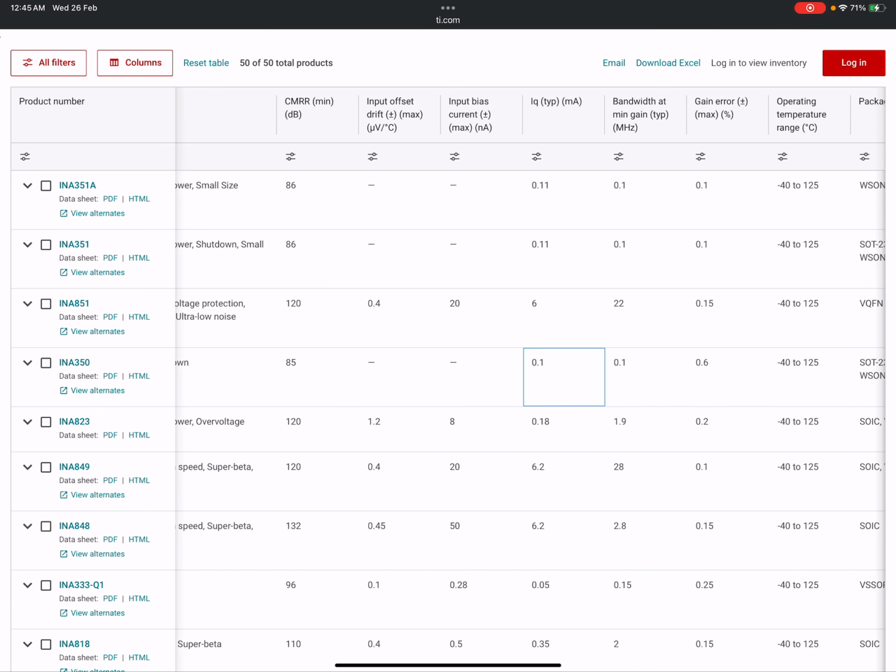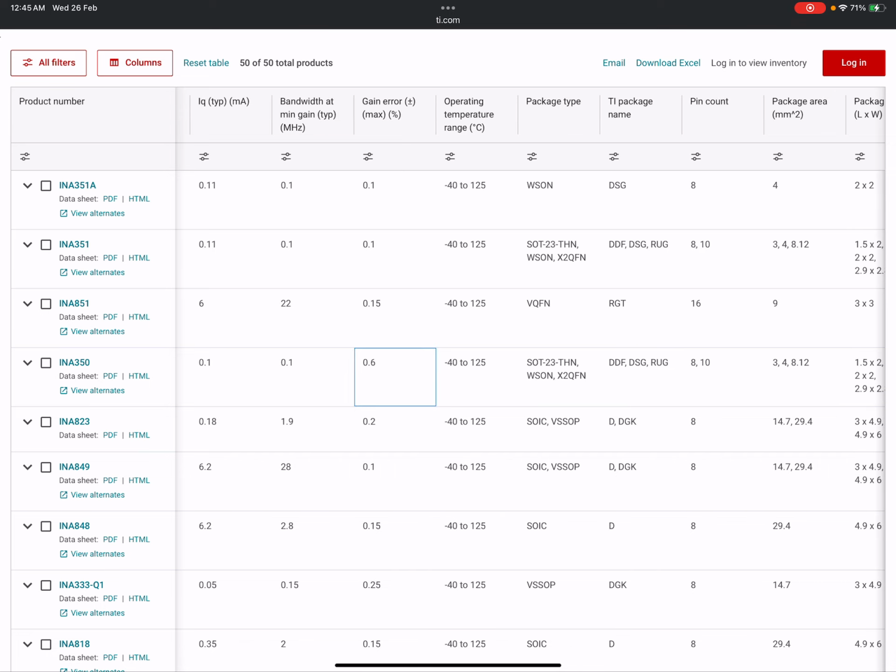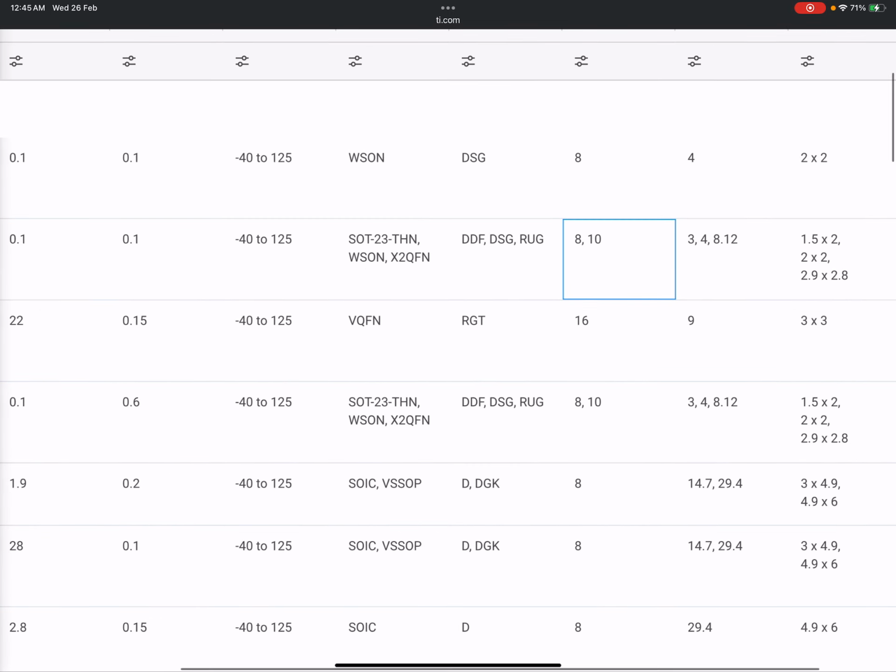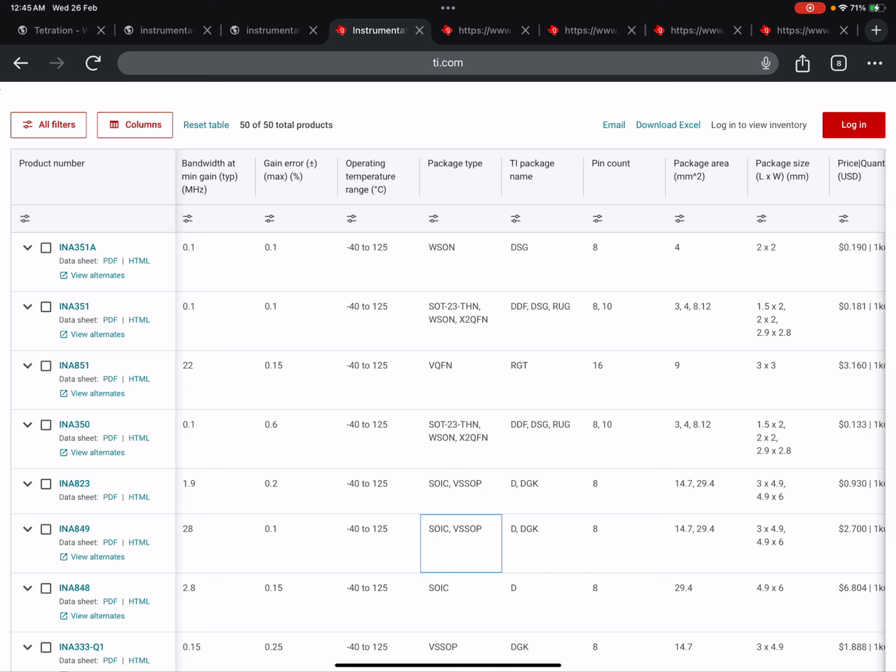I'll show you the pin counts. If you can see here, this column talks about the pin counts. You can see some chips come with 8 or 10 pins or 16 pins. The number of pins will dictate the footprint of the chip. A smaller number of pins means the chip will be of smaller size. It also depends on packaging. But this is something to keep in mind.